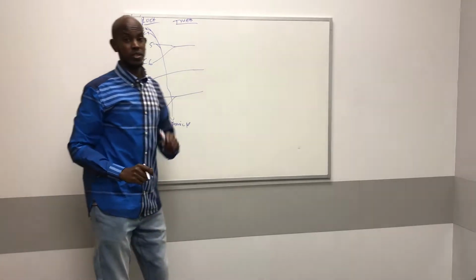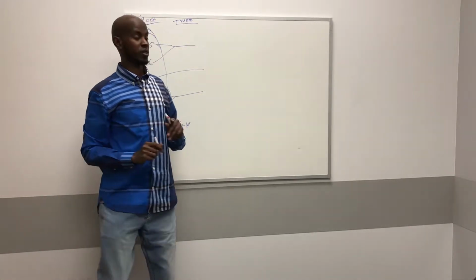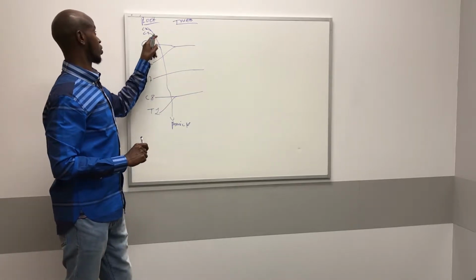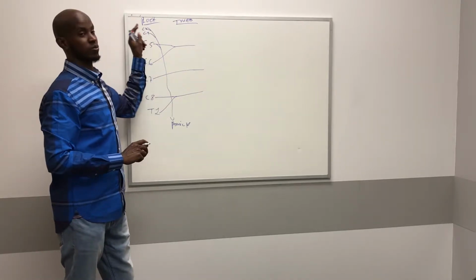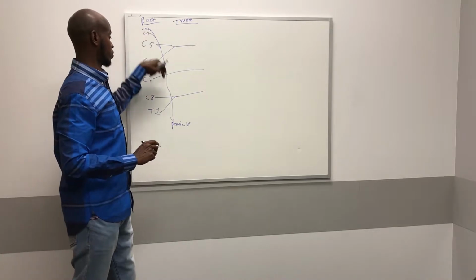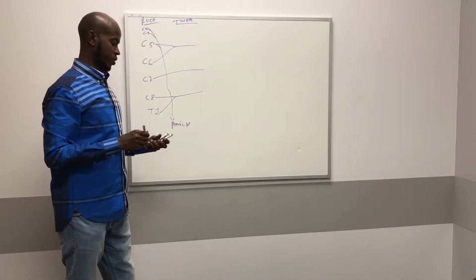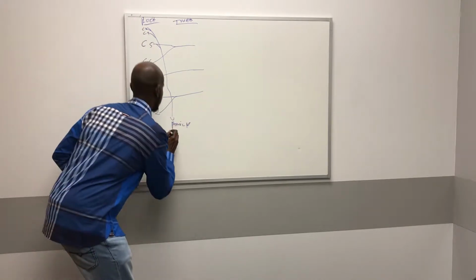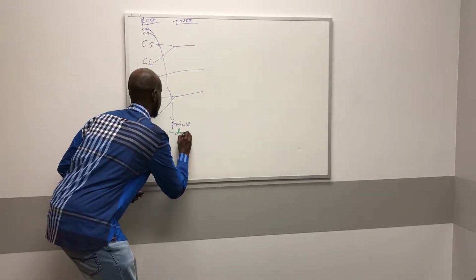The first branch is the phrenic nerve, and the phrenic nerve is not only contributed by the brachial plexus, but also by C3, C4 from the cervical plexus. The phrenic nerve supplies the diaphragm.